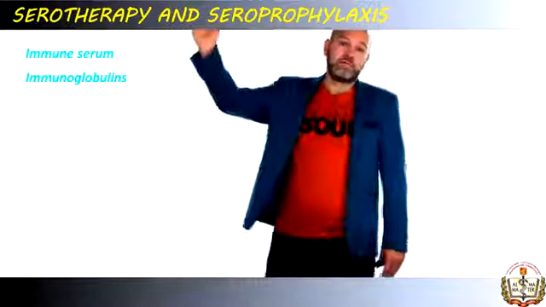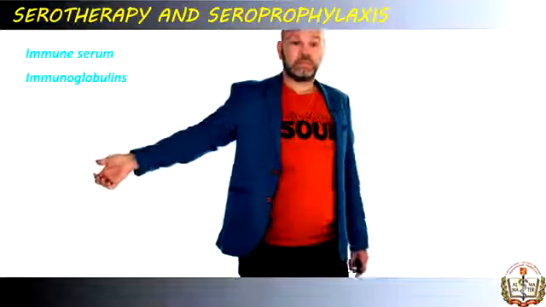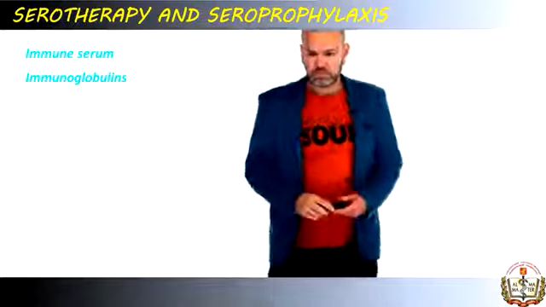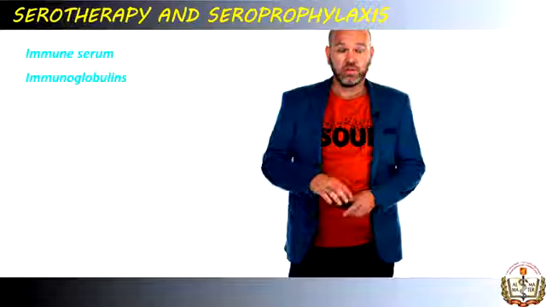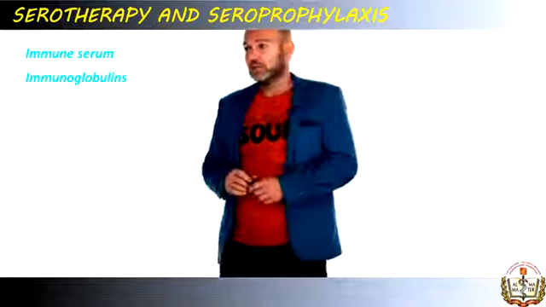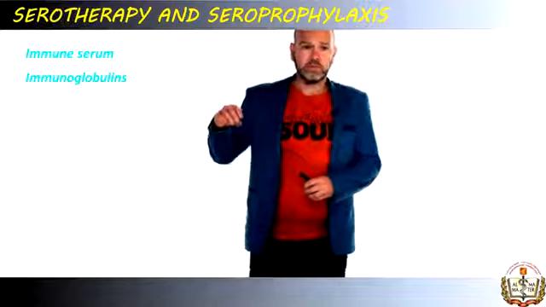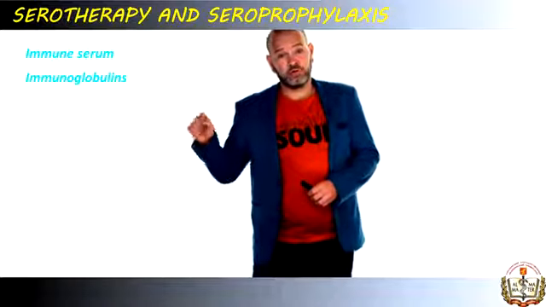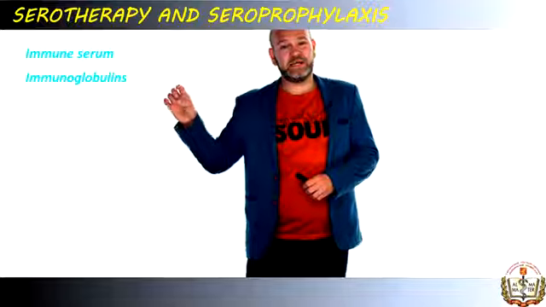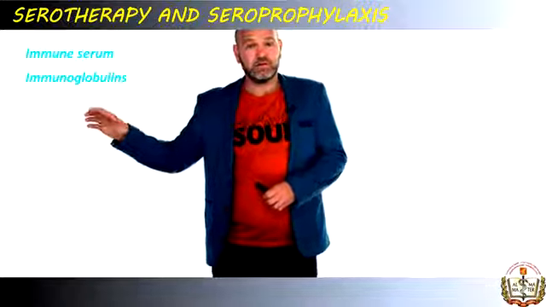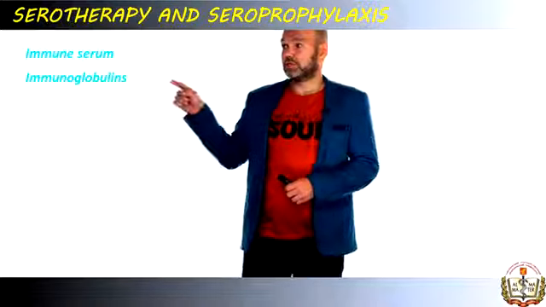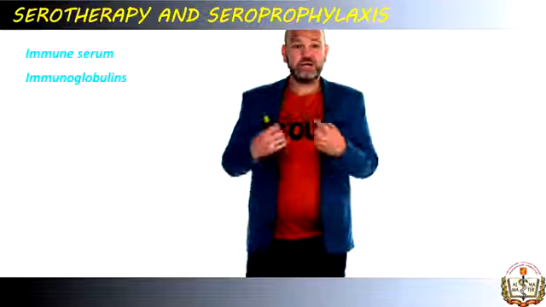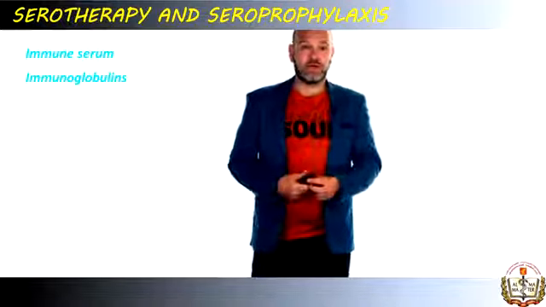Okay, I am a donor, I am a volunteer, take my blood. Do you remember the definition of antibody? What is an antibody? A protein produced by the immune system in response to contact with a particular antigen. To have serum against a disease, I should have had a recent contact with the antigen.